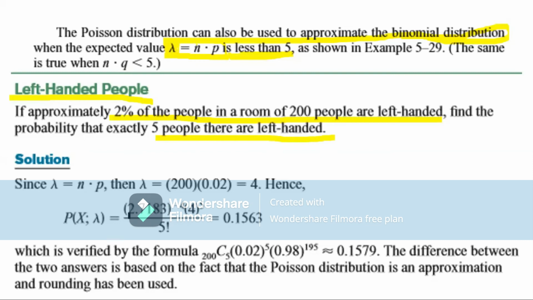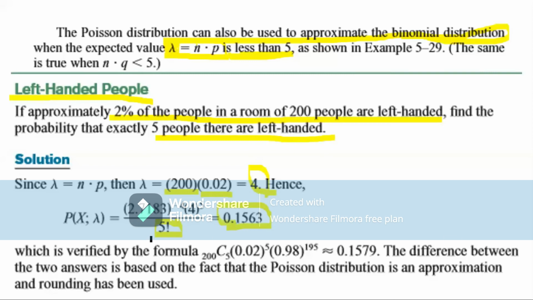So as you can see, when you apply Poisson distribution, the average was first calculated by n into p. ठीक है, कैसे calculate किया है? Number of trials 200 and probability is 0.02, so the average is 4, right? So as per formula, the value of x is 5, and you can see that you got this answer.